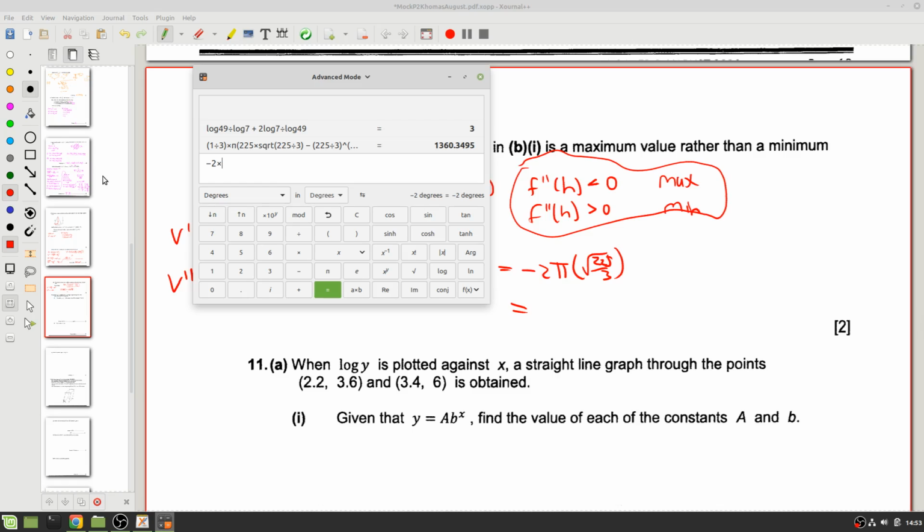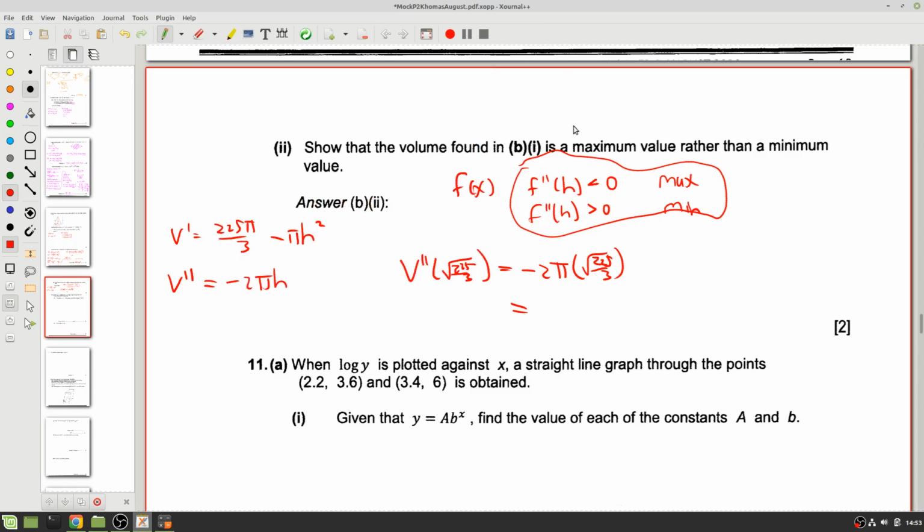So it's negative 2 times pi times the square root of 225 over 3. So we see that's negative something. I'm just going to copy and paste this. So that's negative, which means it's less than 0, which means this is a maximum. Okay, so that's all we need to show, that the second derivative at this value for h is less than 0 or negative. That'll give us a maximum value.